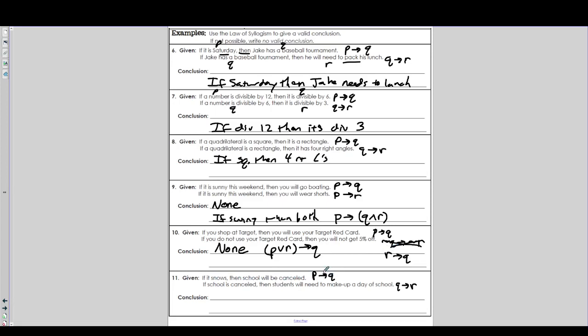So you could say there's no school, but as long as it's the same thing, right? So this is school is canceled and this is school is canceled. So those match. Neither of them is the negated version. So we can just say if it snows, then we have to make up a day of school. So that's how that one works.